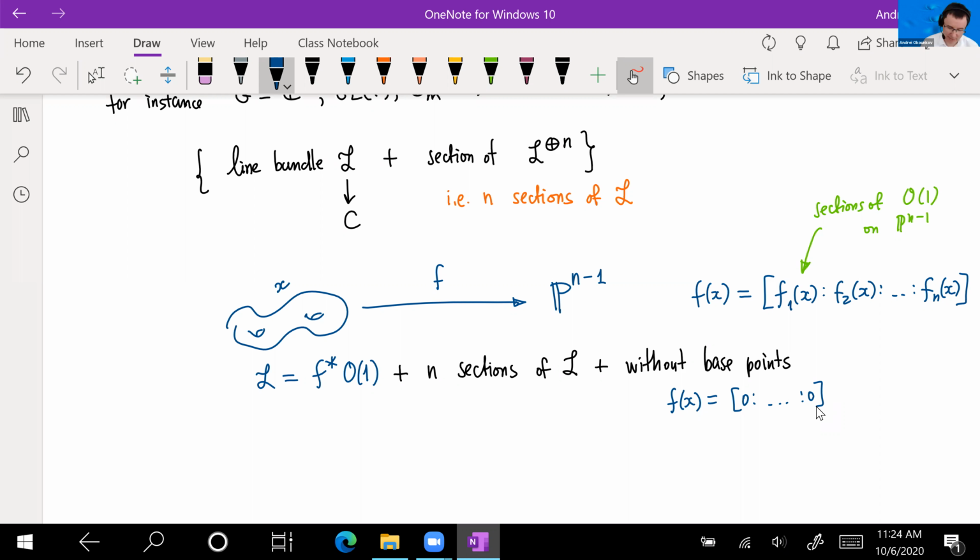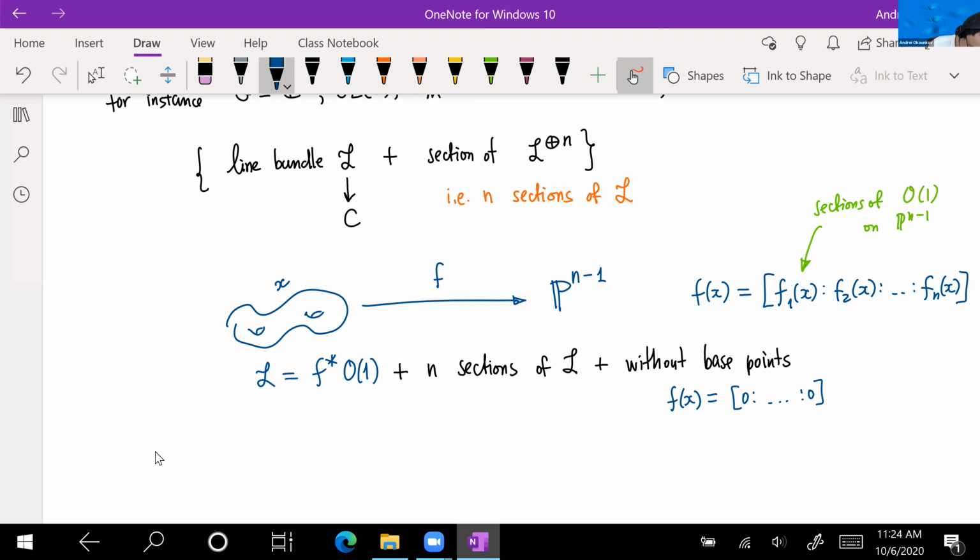So in this language, if we translate to the previous language, we think of P^(n-1) as being the stable locus, namely where not all coordinates are 0 inside C^n, modulo C star, inside that stack.